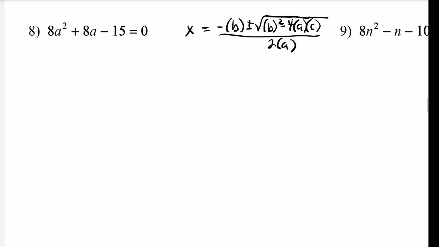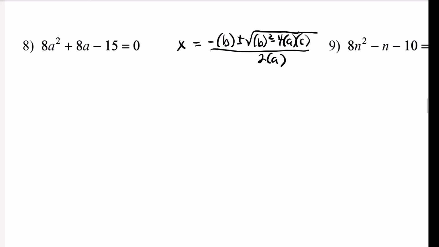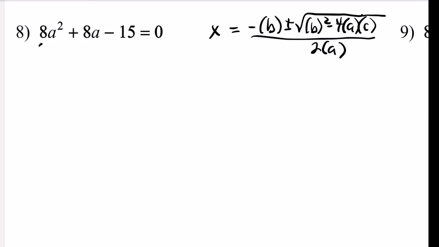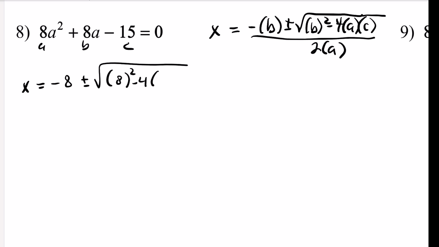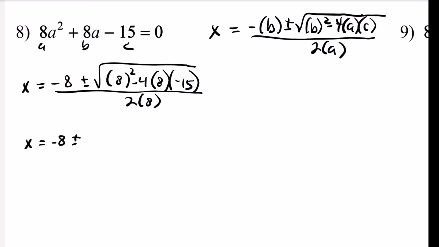But so there's a couple different methods you're going to have. All right, let's try another. So our A, our B, our C. Opposite of B, B squared minus 4 times A times C all over 2 times A. So under the radical, 8 squared is 64.